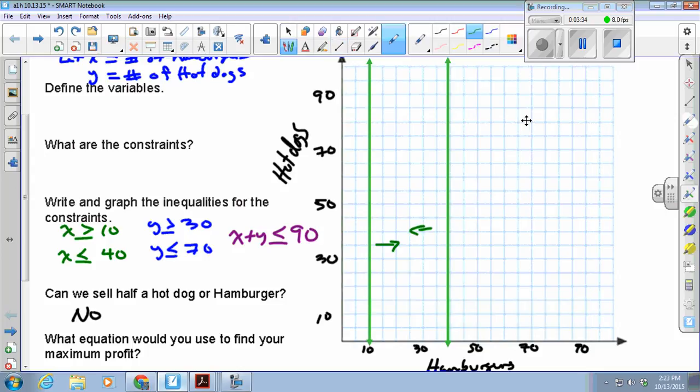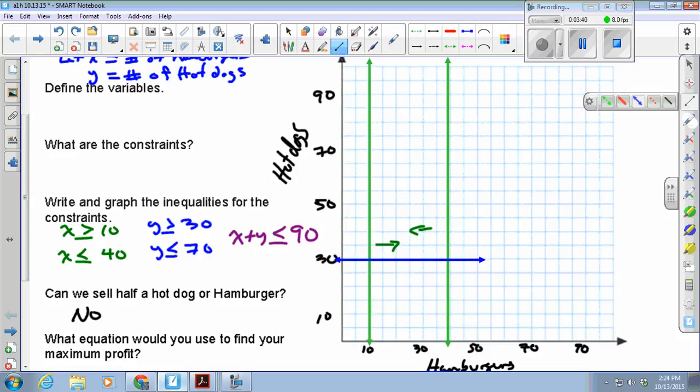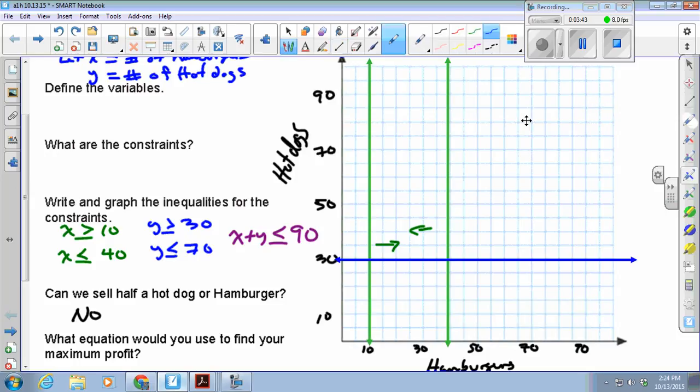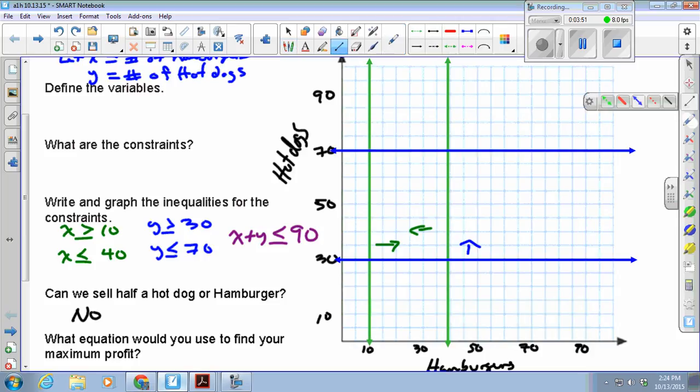Then y greater than 30 is here, meaning above that, and y less than 70 and below that. Okay, and then one more, x plus y less than or equal to 90.